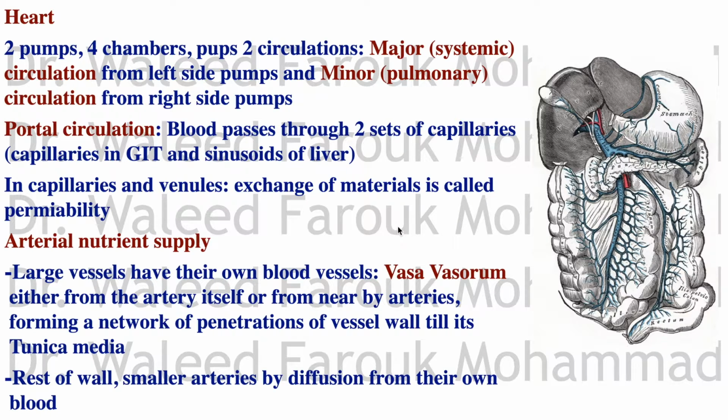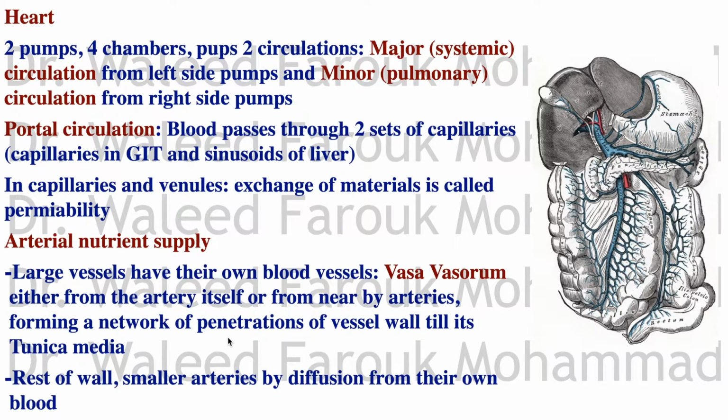Okay, the artery is a tissue, so it itself needs blood supply. The large vessels have their own blood vessels called the vasa vasorum. They either come from the artery itself or from nearby arteries, forming a network of penetrations of the vessel wall up to its tunica media. We will study the structure of the artery in later lectures.